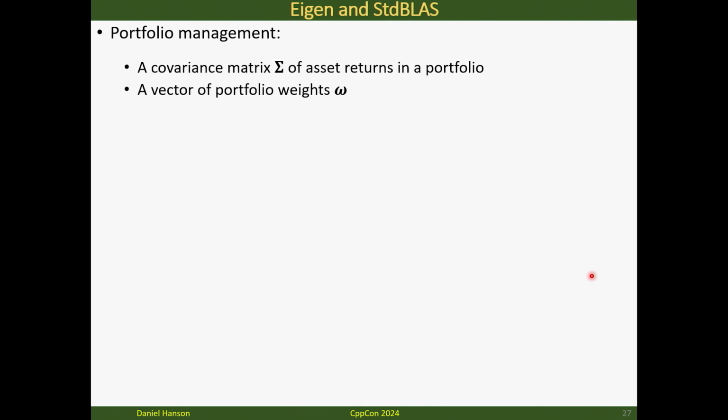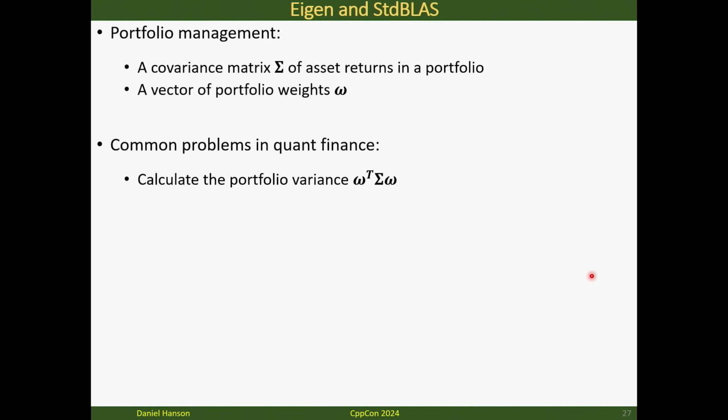What this means is it's the percentage that you have invested in each asset. So common problems in quant finance are first to calculate the portfolio variance. Now you take the square root of that, you get the standard deviation, which is called volatility in finance. That's just the quadratic form that you see here. And for that, we have what we need in BLAS.